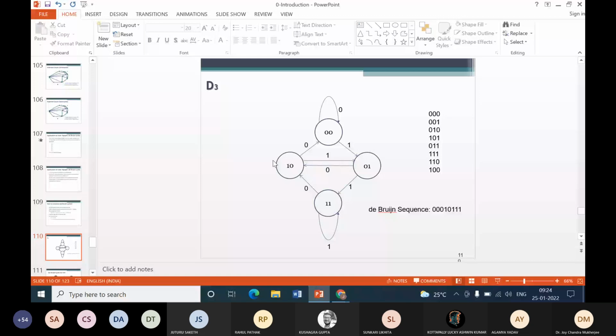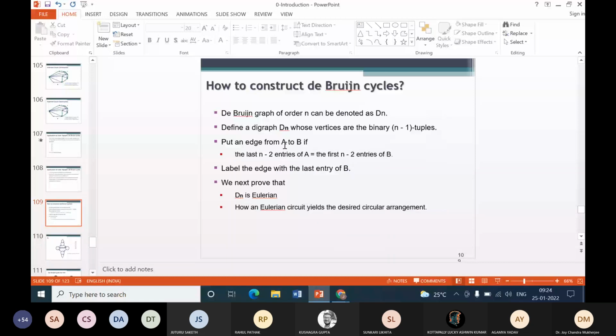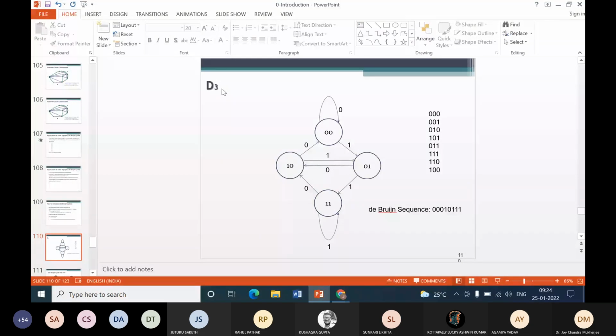Next you have to create the edges. So he says put an edge from vertex A to vertex B if the last n minus 2 entries of A is equal to the first n minus 2 entries of B. Okay, so here n is 3, so n minus 2 means 1.